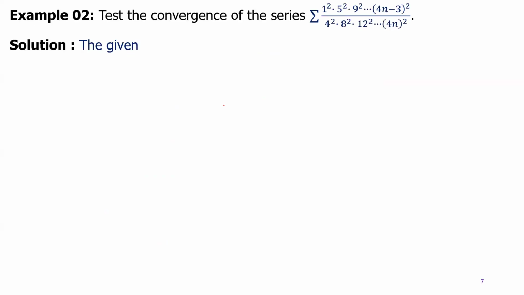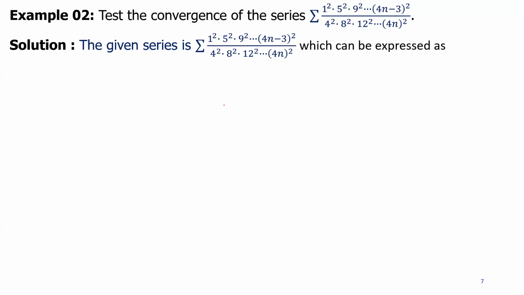Test the convergence of the series sum of 1 square plus 1 into 5 square into 9 square up to 4n minus 3 whole square upon 4 square into 8 square into 12 square up to 4n whole square.